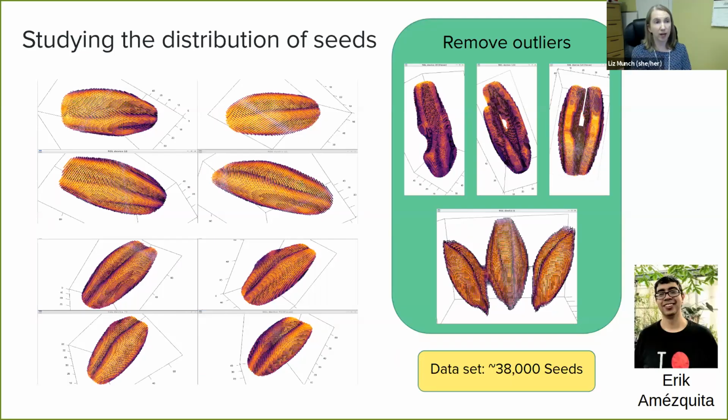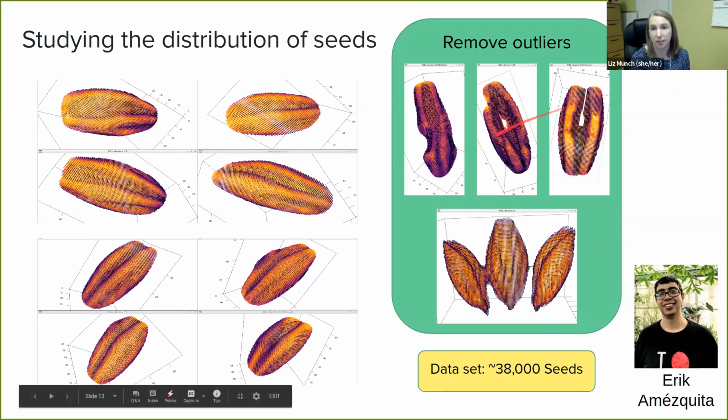Now that we have collected all of our data, we can individualize seeds off of these. So what we did was we segmented out the seeds. There's a bunch of outliers you have to deal with because it's real data, and that always happens. So we went through and got rid of a lot of the outliers.